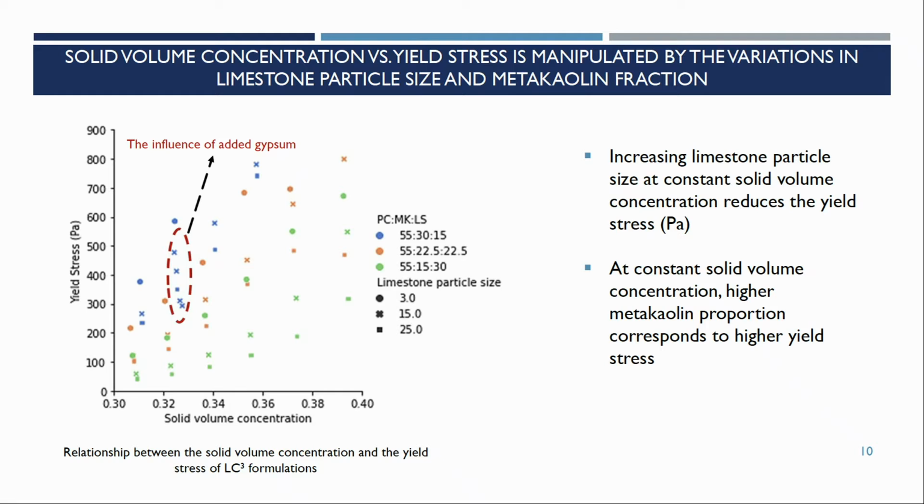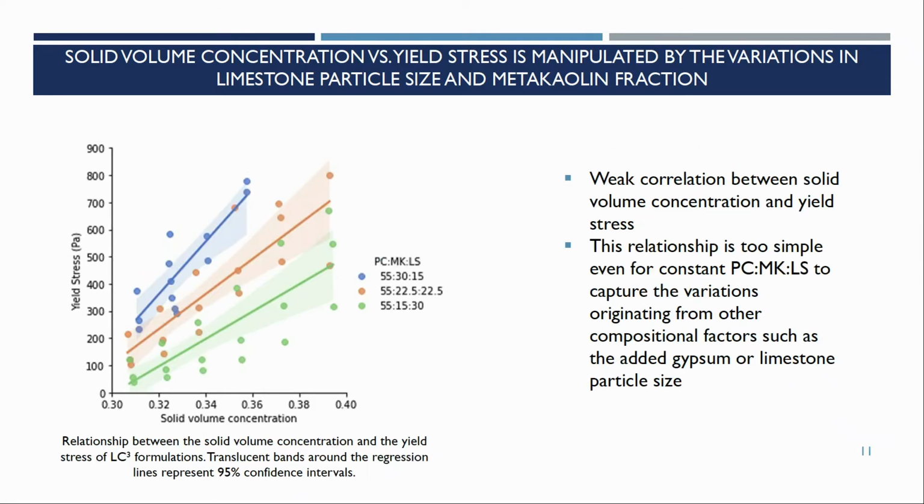So at a constant solid volume concentration, they're all going up because they all have increasing amounts of gypsum in them. The increasing gypsum is taking it down this way, so this is already not a good sign for this variable. If it's missing a trend like that, we're looking for slightly cleaner separation, slightly cleaner trend lines.